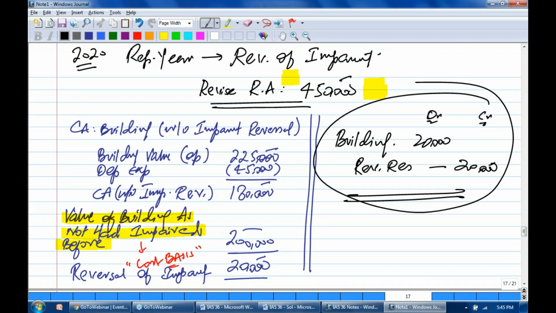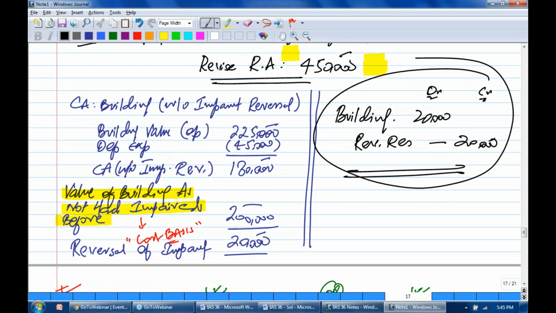Any extra amount will be adjusted to the income statement. Now the important point is, what is the extract? It's simple. In the income statement, we have charged the depreciation expense of 45,000 because it's year end.